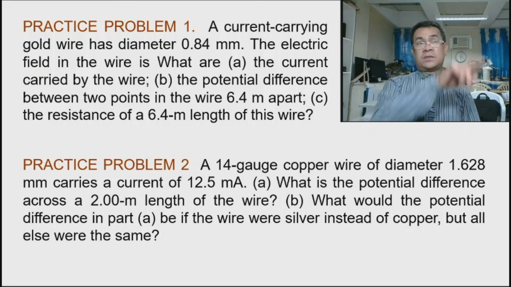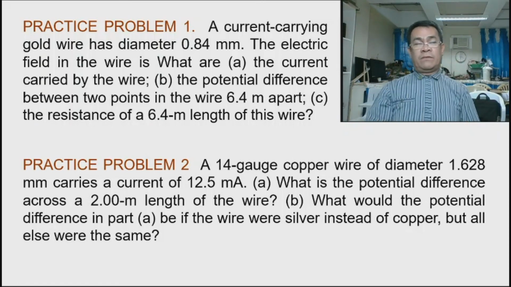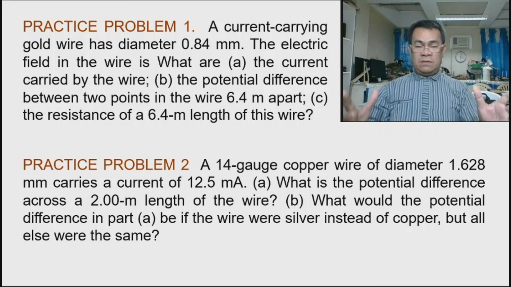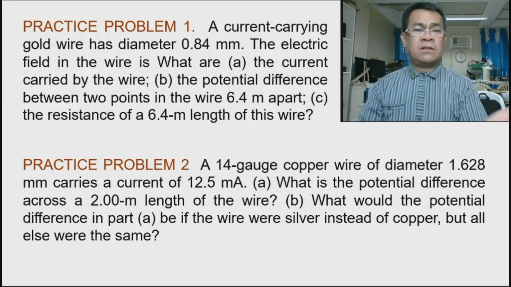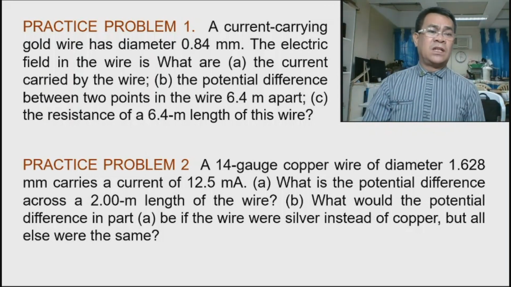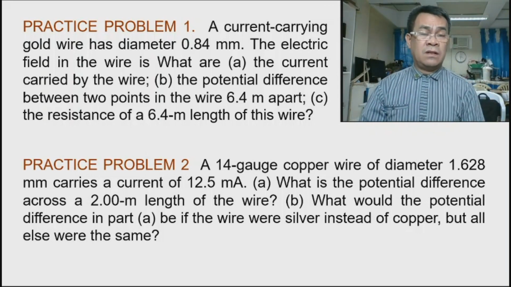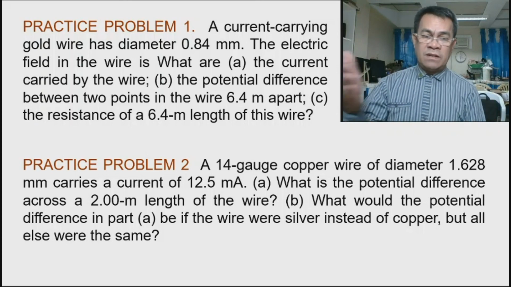It is I times R. So if you have I and you have R, you can solve the voltage. So again, you have to rotate everything in all the formulas. Then this problem becomes easy to solve if you know the concepts from video one and video two.